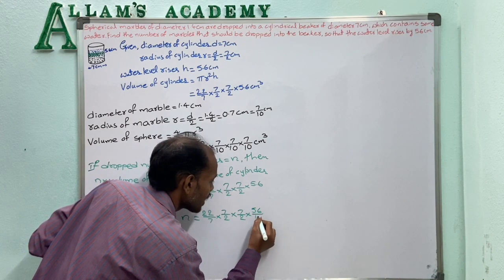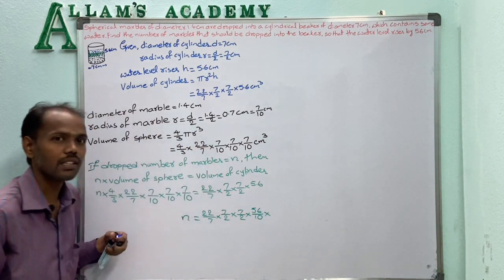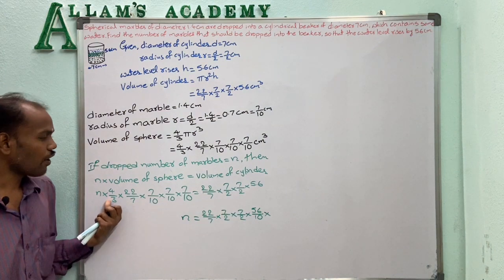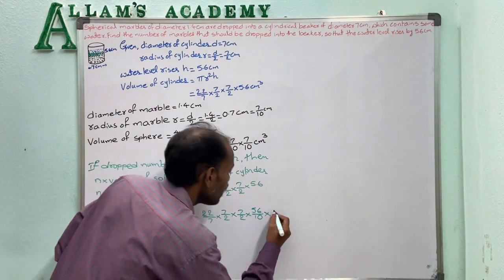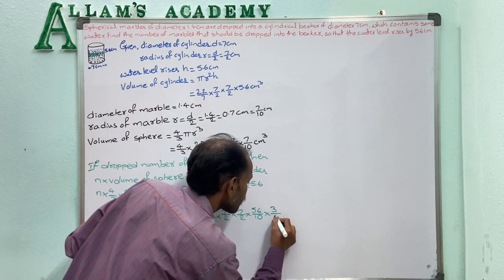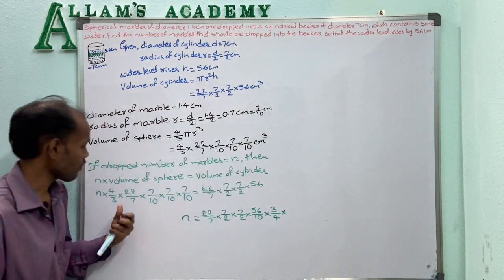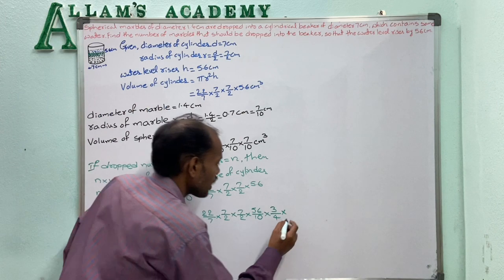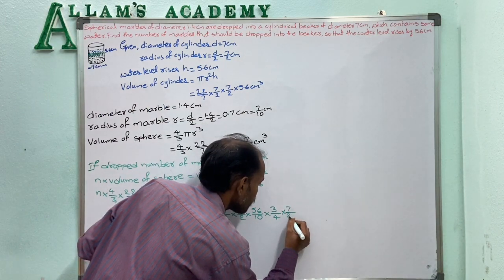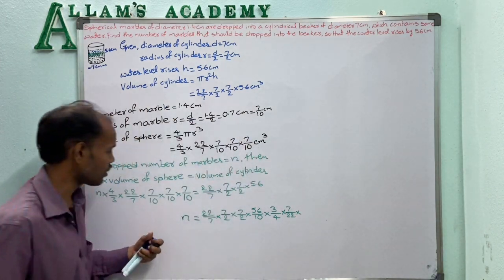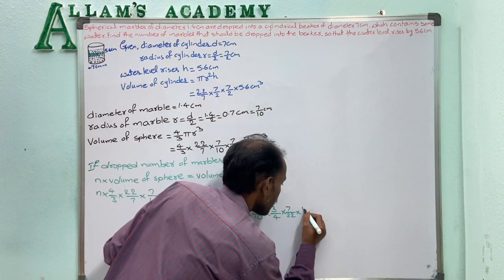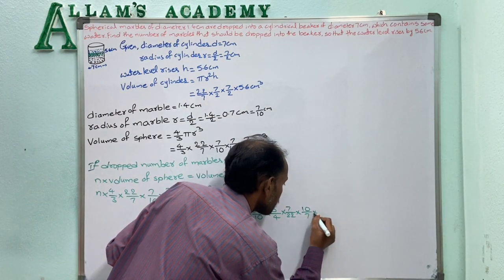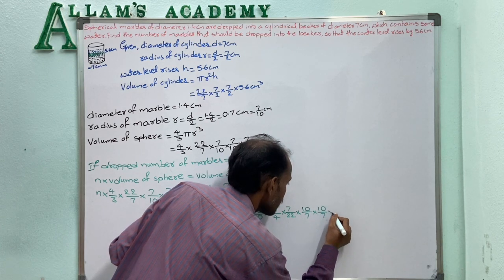The point is removed, so the denominator becomes 10, into, now reciprocals to multiplication: 4 by 3 reciprocal is 3 by 4, into 22 by 7, that is 7 by 22, into 7 by 10, that is nothing but 10 by 7, so 10 by 7 into 10 by 7 into 10 by 7.